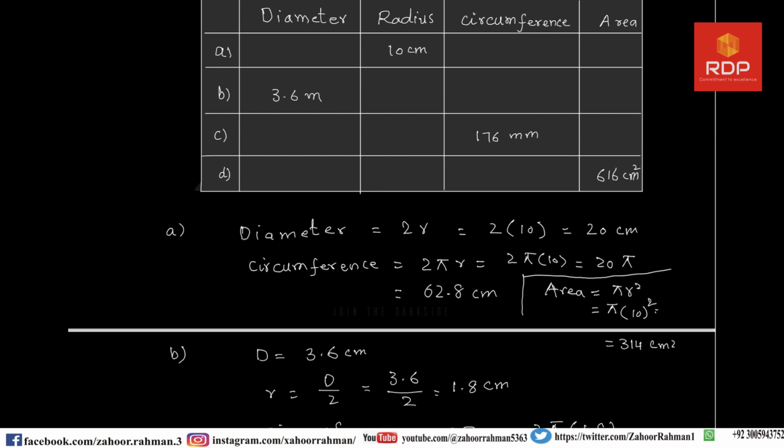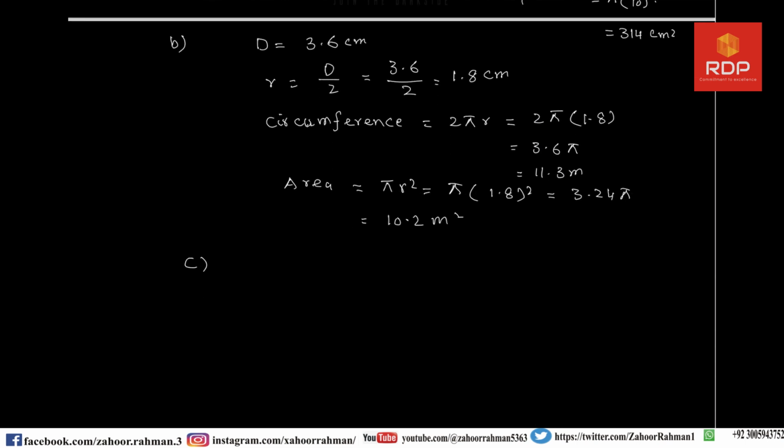Now let's turn our focus to C, in which circumference is given as 176 millimeter. So circumference is equal to 2 pi r, and that will be equal to 176 millimeter.